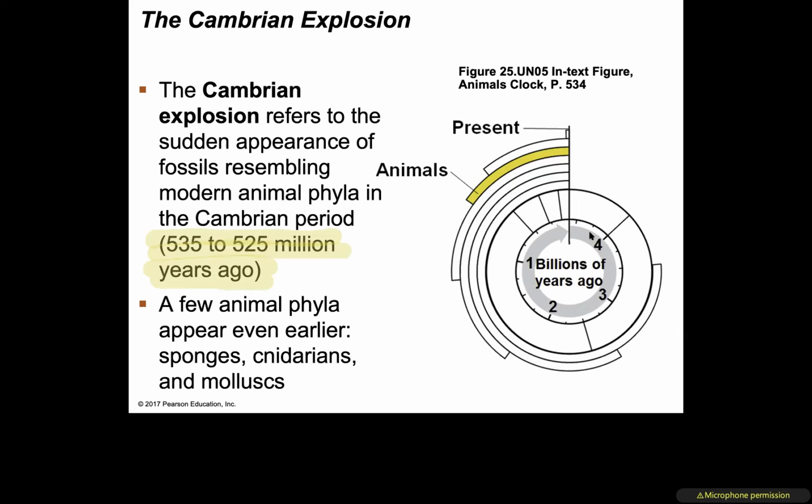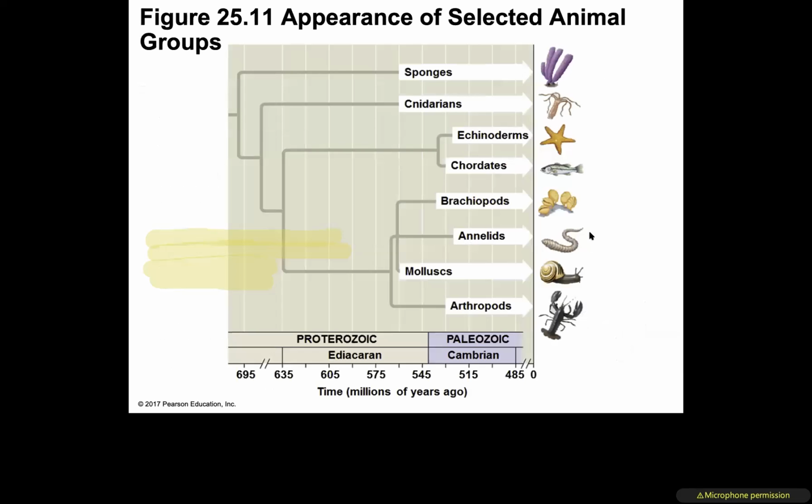Yes, that's sudden, 10 million years, considering how long it takes to evolve and the amount of evolution that actually took place. There are lots of different, more modern animal phyla, and a few phyla appeared even earlier, like your sponges, cnidarians, and mollusks. So look at that, we're getting really close to the present time here.